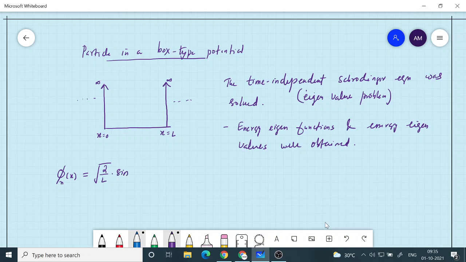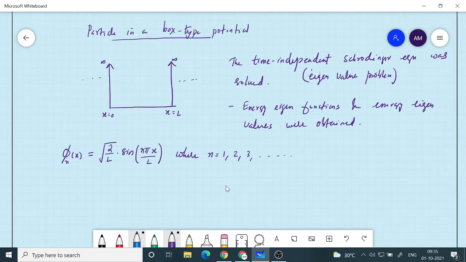So this is the value of the coefficient A, root of 2 by L. We got it from the normalization condition. And then we had sine of n pi x by L, where n is equal to 1, 2, 3, etc. So this is what we obtained.